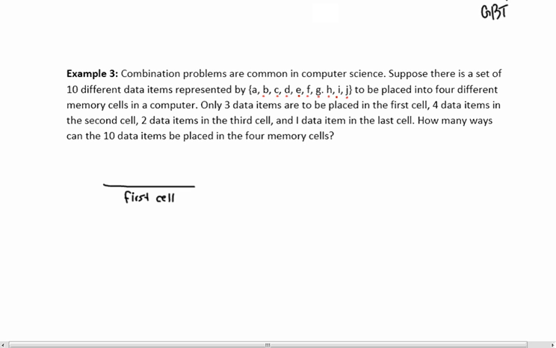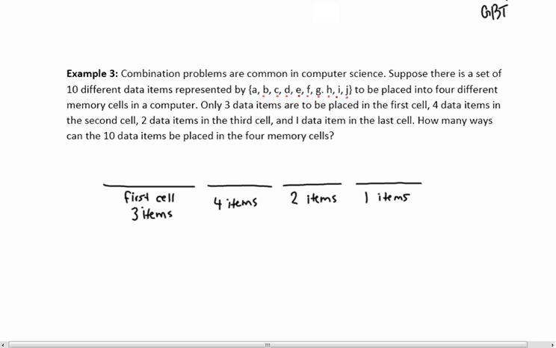We only want 3 items. Second cell, we're going to have 4 data items. The third cell, we want 2 items and 1 item in the last. How many ways can the 10 data items be placed in the 4 memory cells?